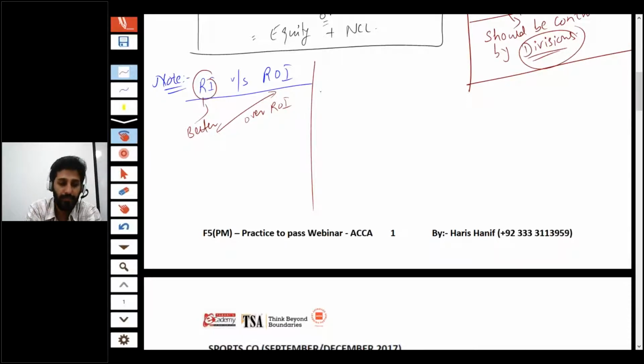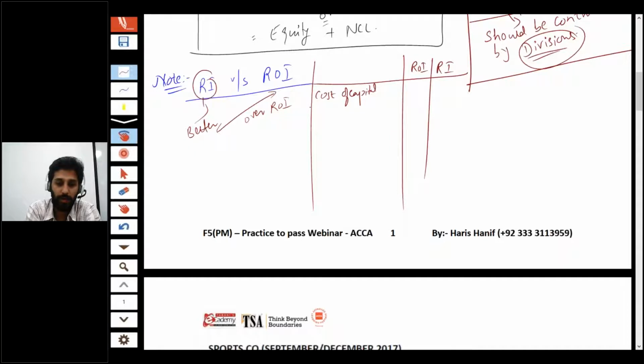Because ROI does not consider the cost of capital, the interest of finance providers, or investment risk.